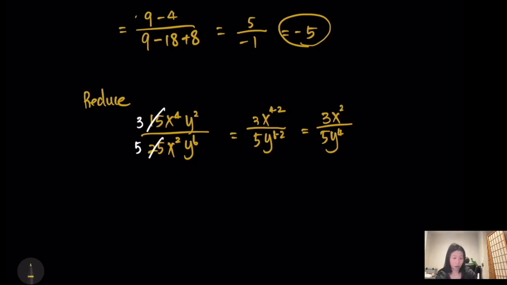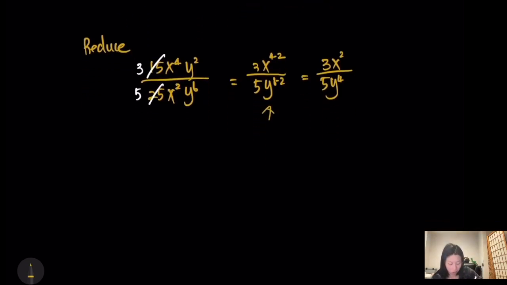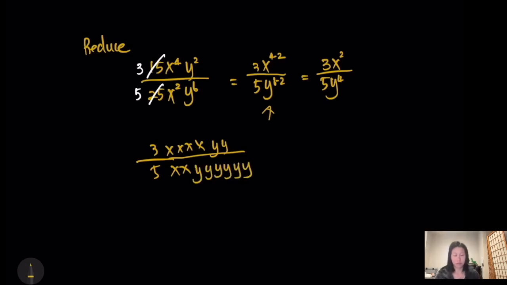Or if that's hard for you to do right like that, you can expand the function like 3/5. I believe that you can do it. X to the 4th means you have 4 x's multiplied, x squared you have 2 x's multiplied. You can use the similar trick for y and x. Now, you expand them, and then you know that x and x cross cancel, y and y cross cancel.